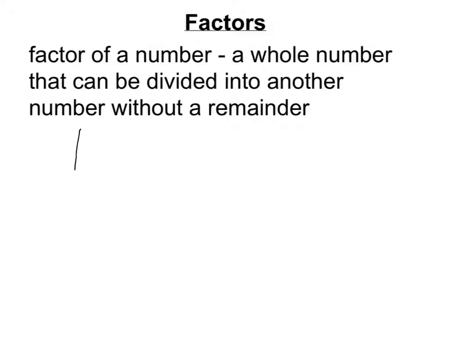So if we consider the example 4 times 6 equals 24, 4 is a factor of 24 because you can divide 24 by 4 and the answer comes out without a remainder. Likewise, 6 is a factor of 24 because 24 divided by 6 comes out without a remainder.